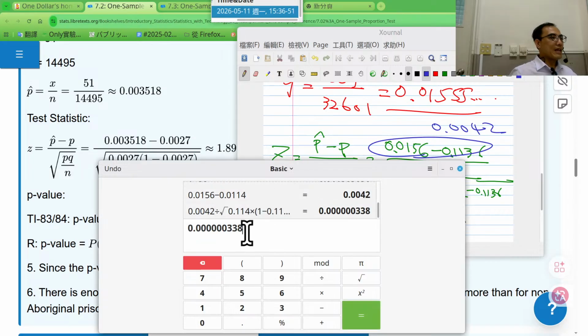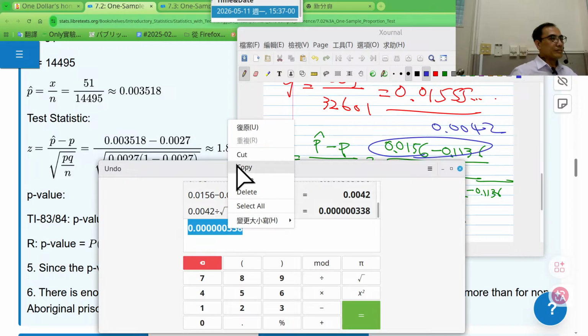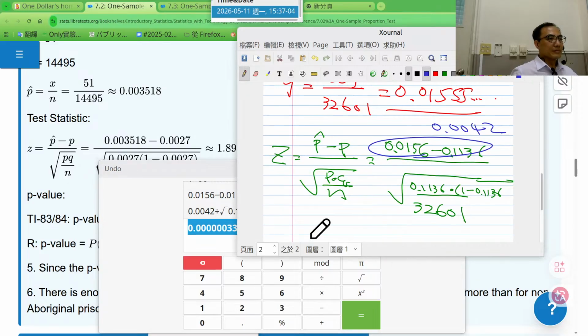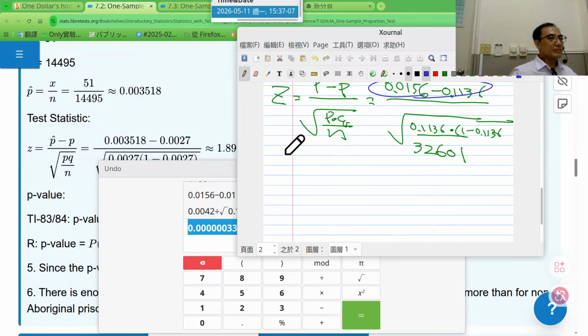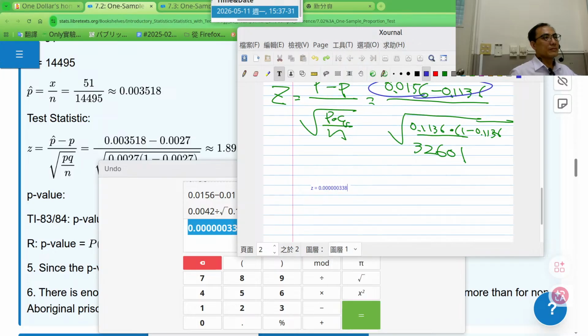Okay, then we got the number here. Sorry, let me enlarge it.